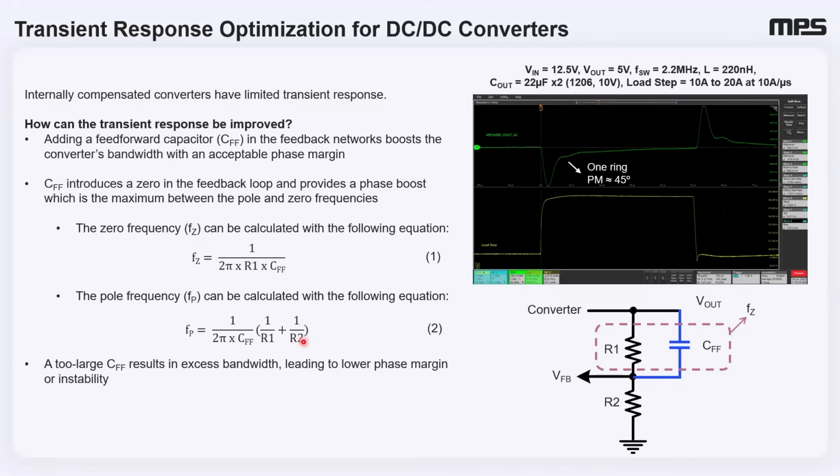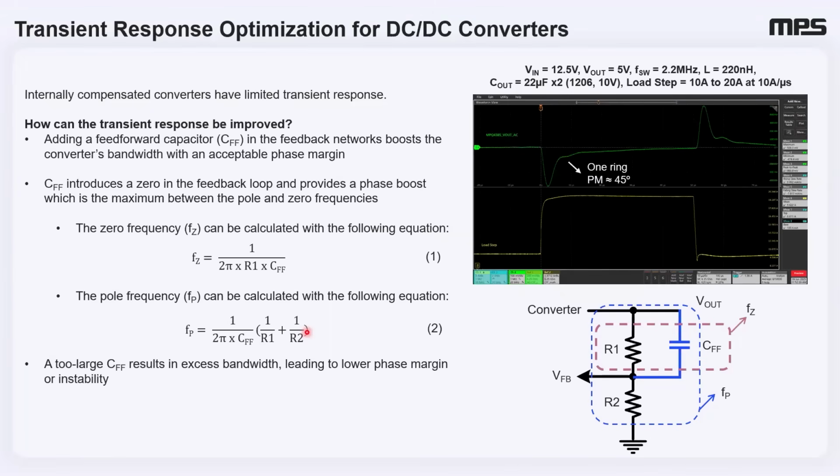In conjunction with the zero, a pole is also introduced, which is determined by the feedback resistors R1, R2, and CFF, which is shown in equation 2. While the zero provides the phase boost, the pole ensures that the gain roll-off is still controlled at very high frequencies.